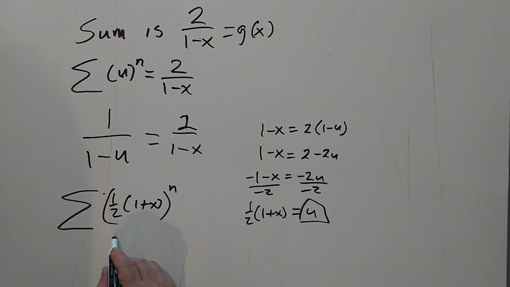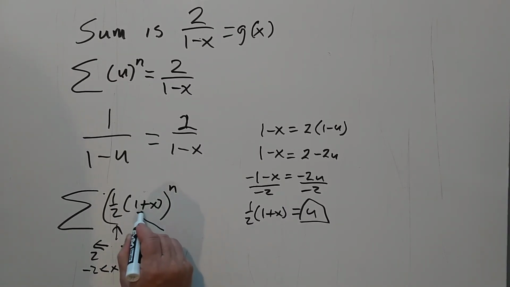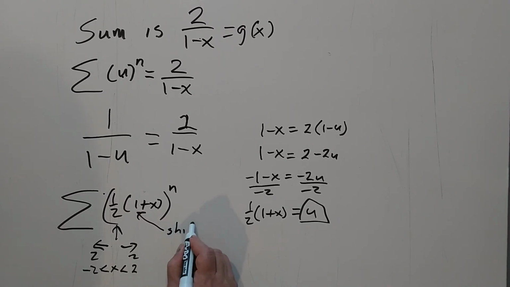Notice, since this is a 1/2, that means expanded by 2. So that would give me from negative 2 to positive 2. But now I have a horizontal shift of negative 1.